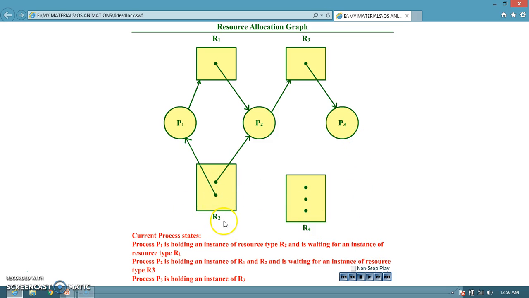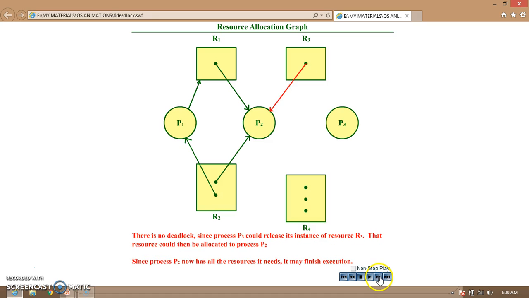And resource R2, which is a multi-instance resource, is being accessed by process P1 and P2. So right now process P1 and P2 are in a waiting state and they are waiting for resource R1 and R3 respectively. Now let us check the further status.